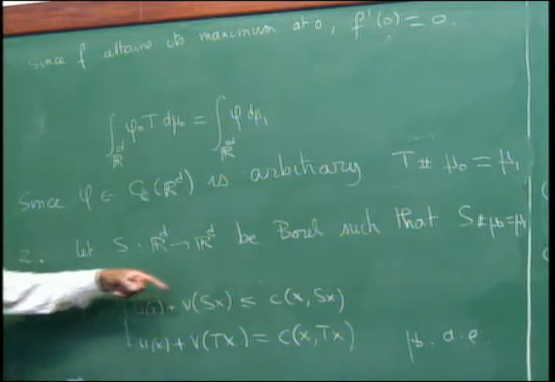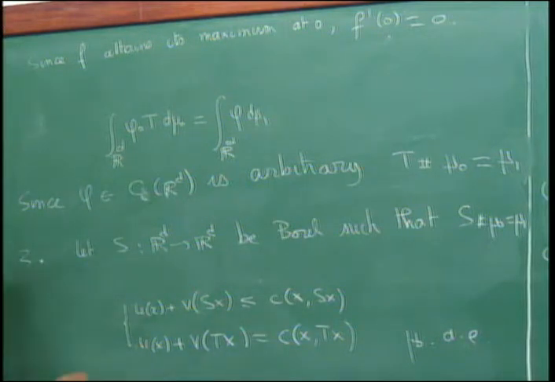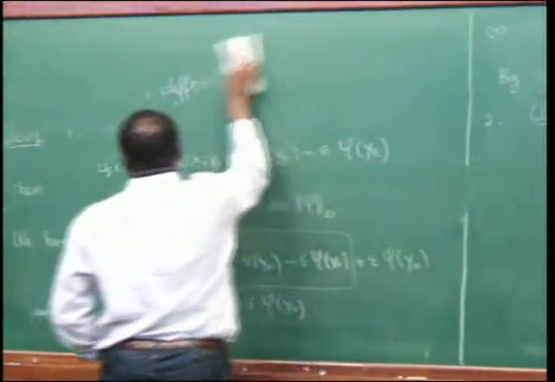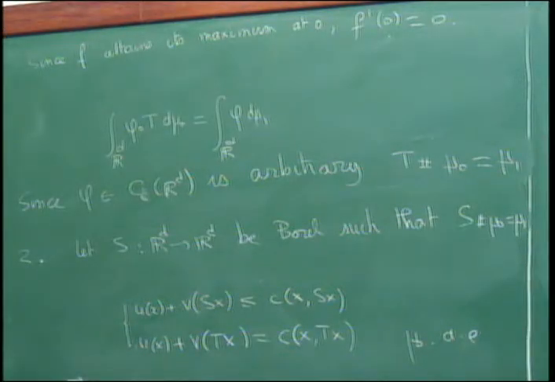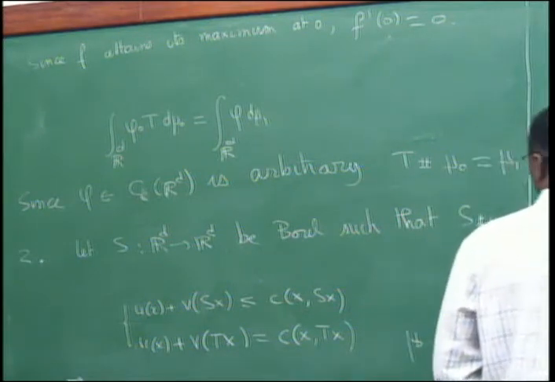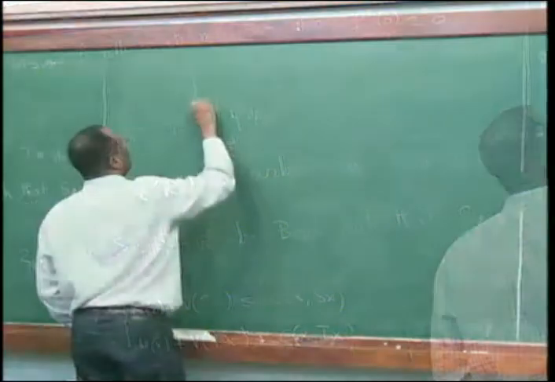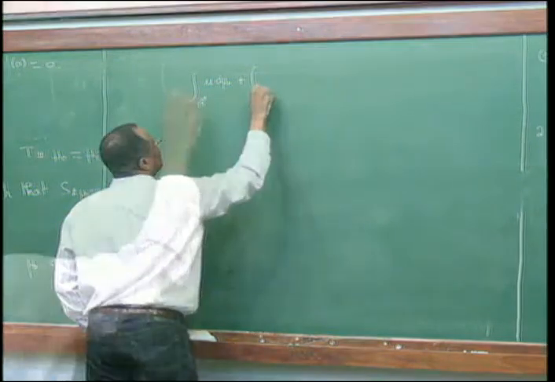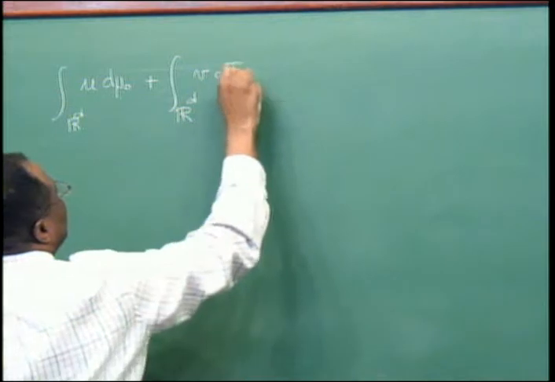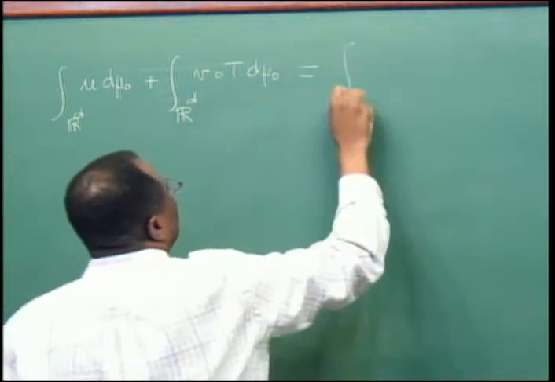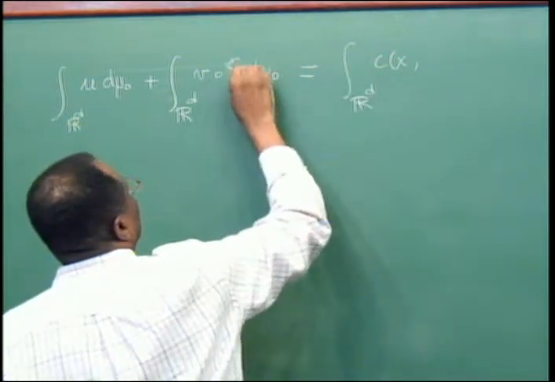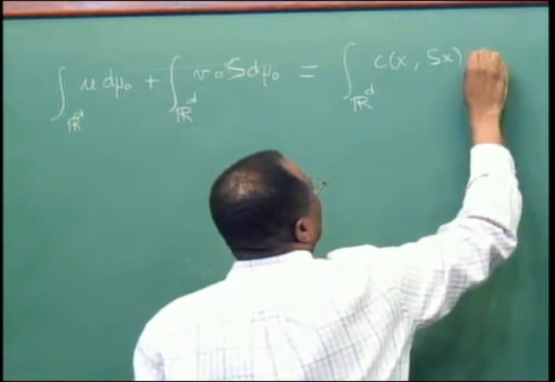So I integrate the first equation to have that the integral over R^d of U d mu naught plus the integral over R^d of V composition T d mu naught equals the integral over R^d of c of x, T of x, d mu naught.